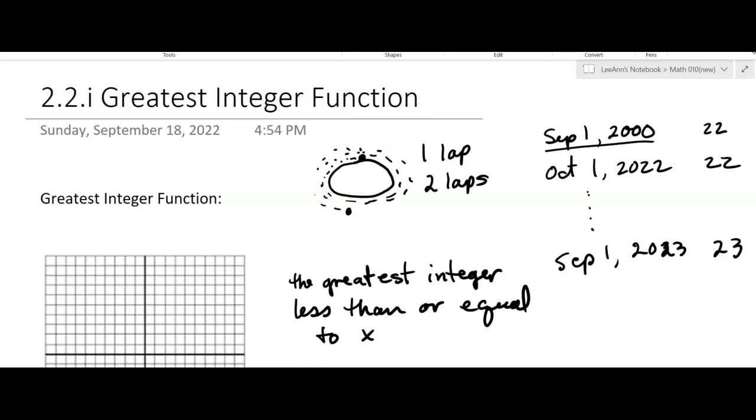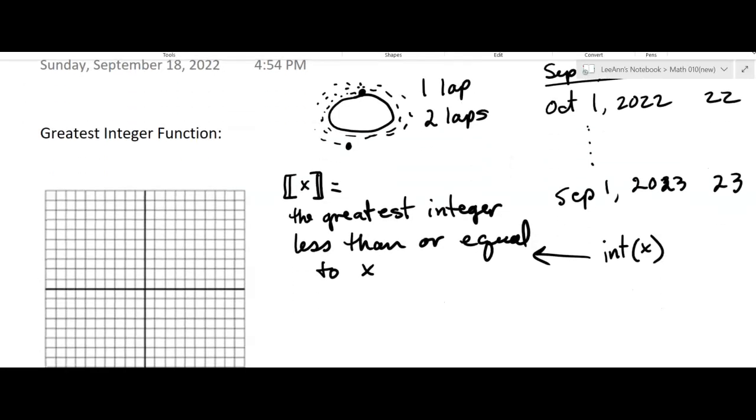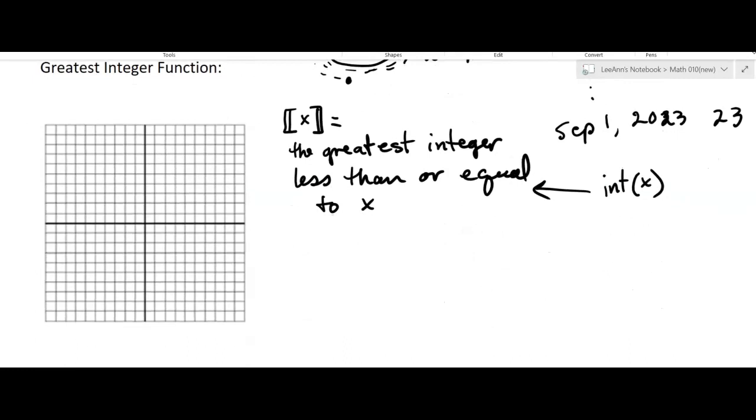And then the notation we have for it, this is one notation, is these kind of double bracket things. Or you can use INT(x). That means greatest integer as well. And it's the same definition here. It's just the biggest integer less than or equal to x.